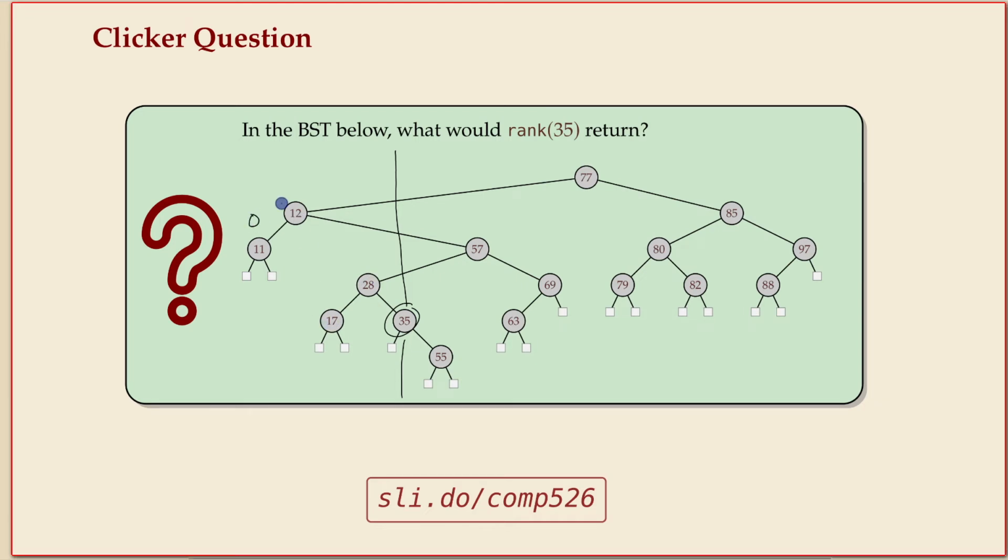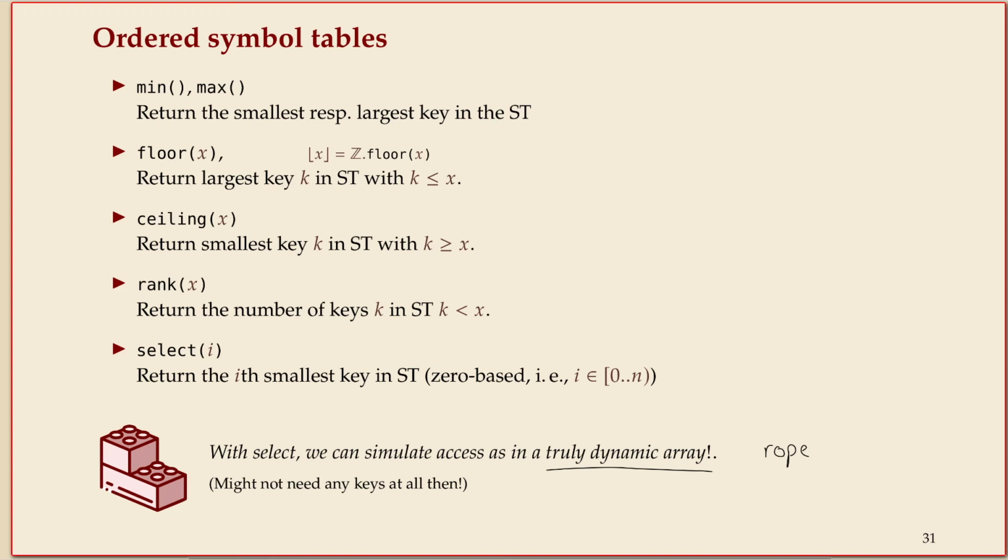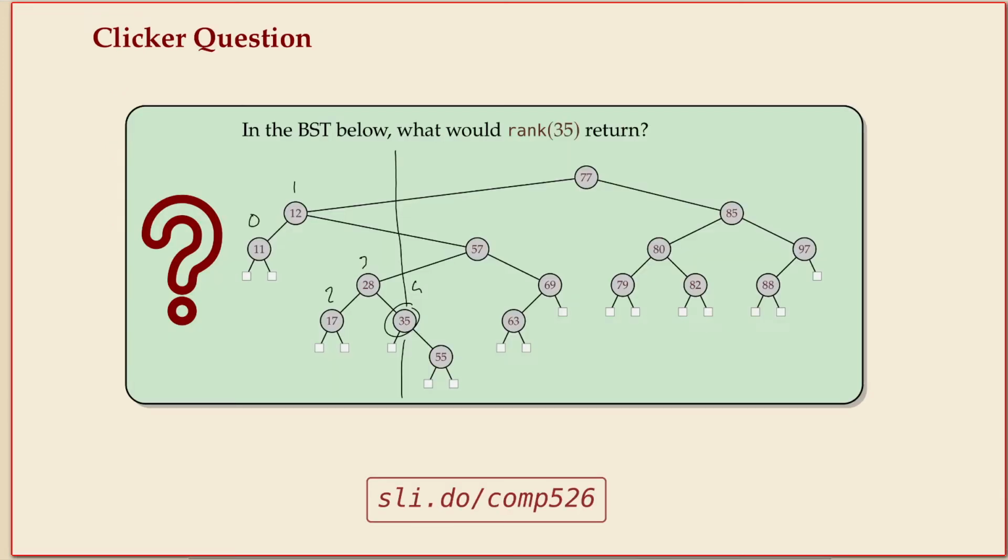So this would have rank 0, 1, 2, 3, 4, because there's 4 keys smaller than 35. All right? That was what rank does. The nitpick here maybe is that it asks for strictly smaller. You could argue whether you want less or equal here or strictly less. Depends on the application, but that was my definition for now.